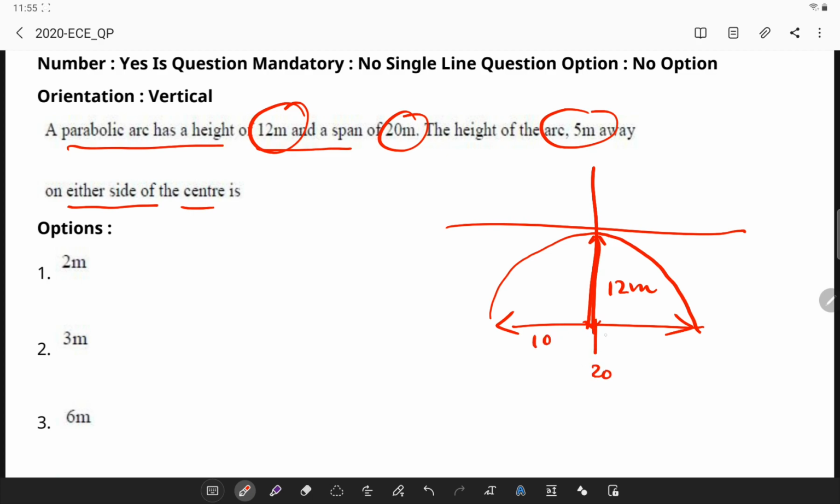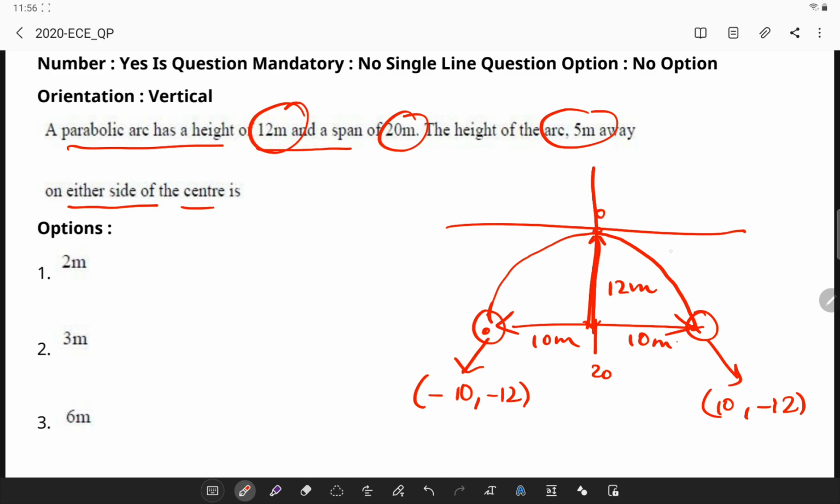So here it will be 10 meters, and here it will be 10 meters. So I can simply write this point as minus 10 comma minus 12, and this point as 10 comma minus 12, and this point is my origin.